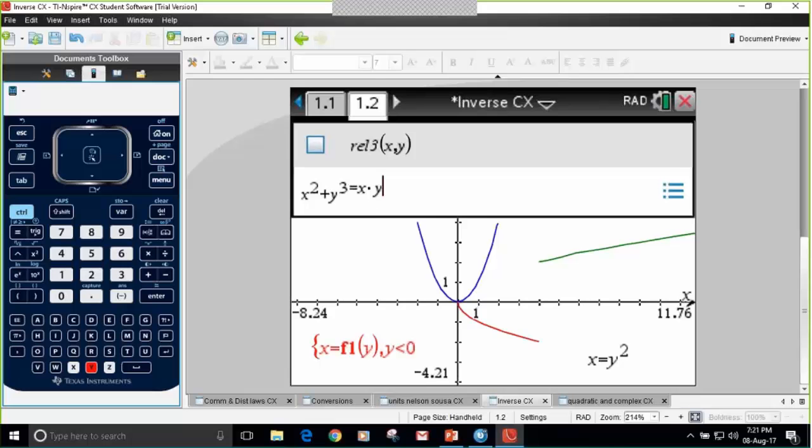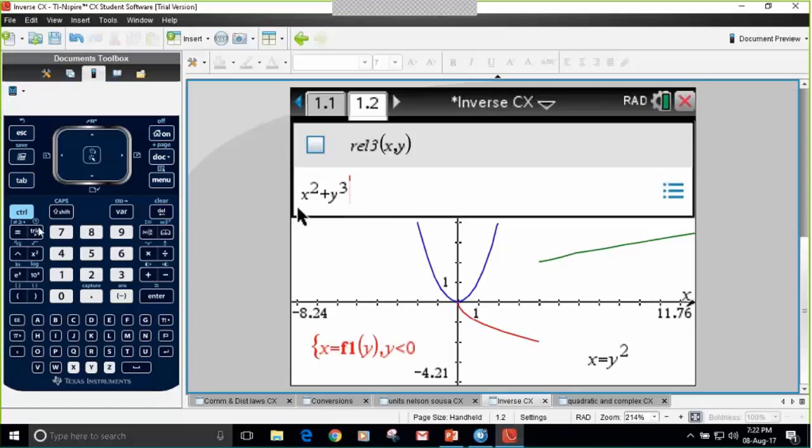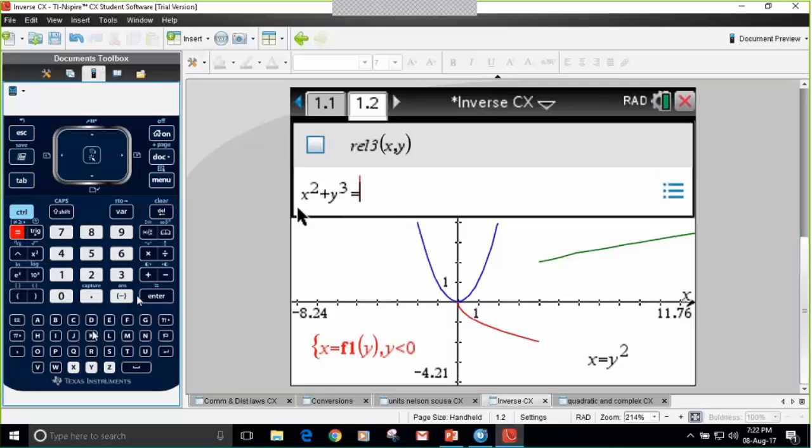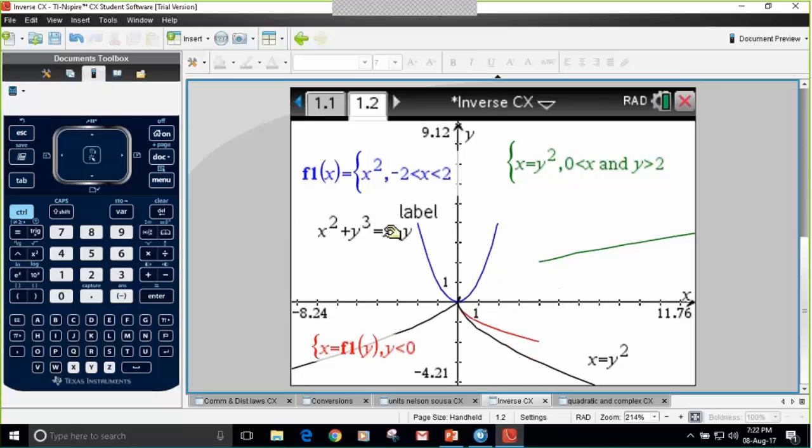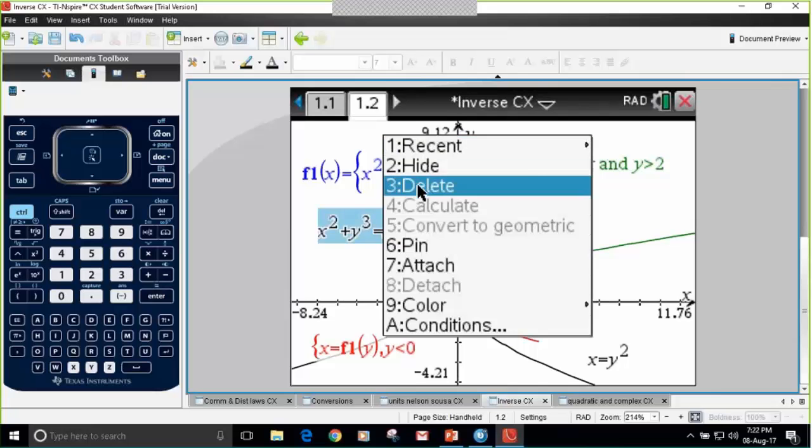So what we've got to do there is put 3, we'll tab out of that and put equals, and maybe just do x times y very quickly, enter that. Then you can see that's been entered. So let's just delete that one.